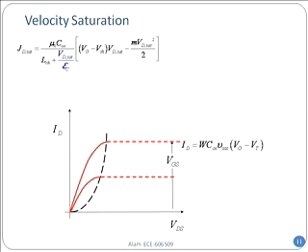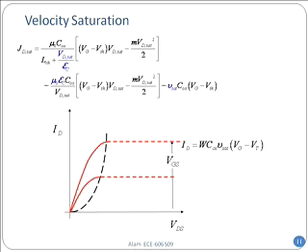And you can take that expression, and assuming that Vd over EC is much larger than the channel length, you can essentially evaluate the current at the maximum point, because beyond the maximum point, the current will be constant.